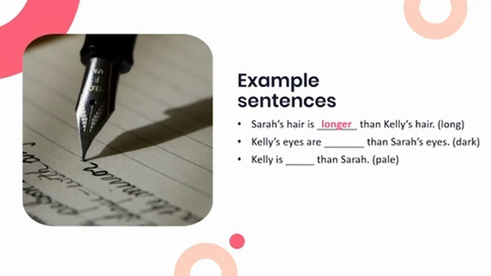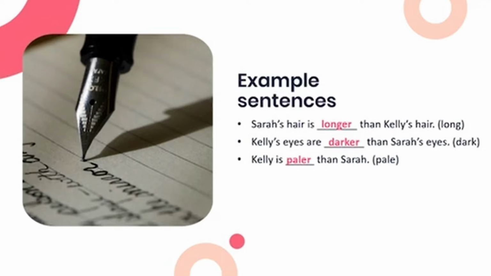Okay, and in the second sentence, we can say Kelly's eyes are darker than Sarah's eyes. And in the third sentence, we can say Kelly is paler than Sarah.